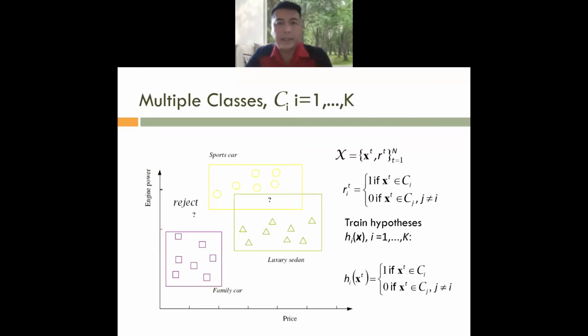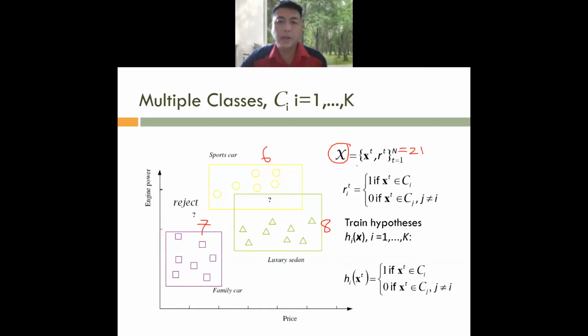Okay, let's take a look at the scenario that we have if we have multiple classes. For these multiple classes, we have training data. In this case, we have 7 here, 8 here, and then 6. So together our n is 21.